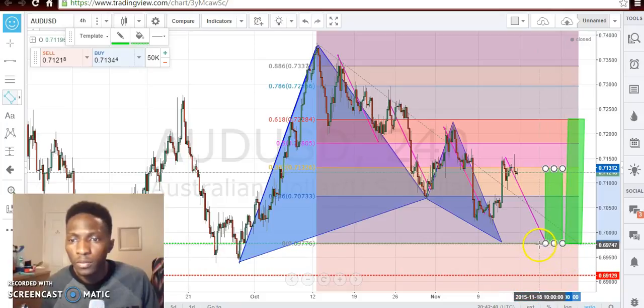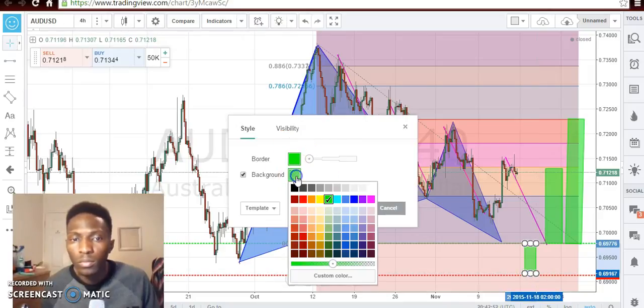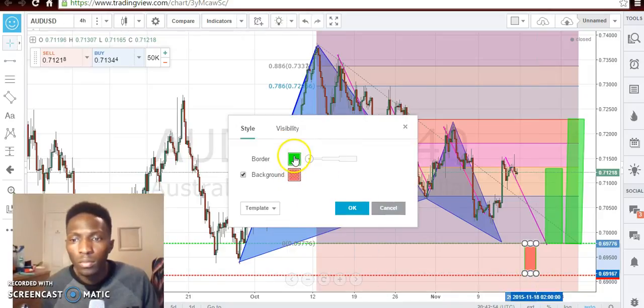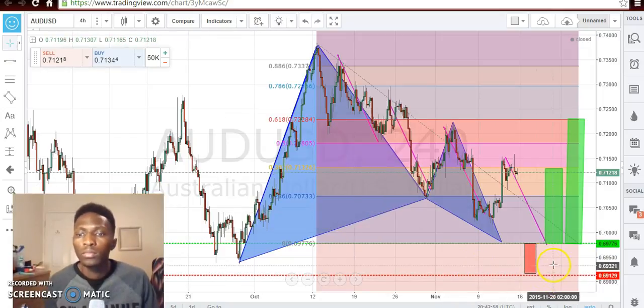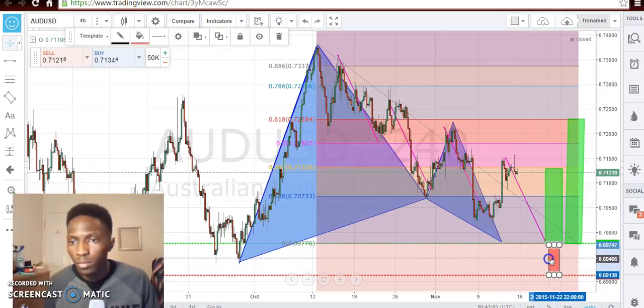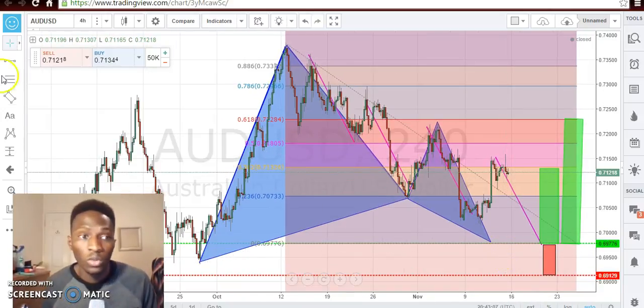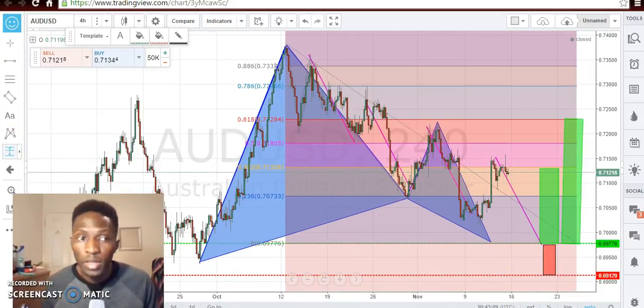And our stop loss, giving us a very good risk to reward ratio. I mean, this must be somewhere close to 4 to 1.